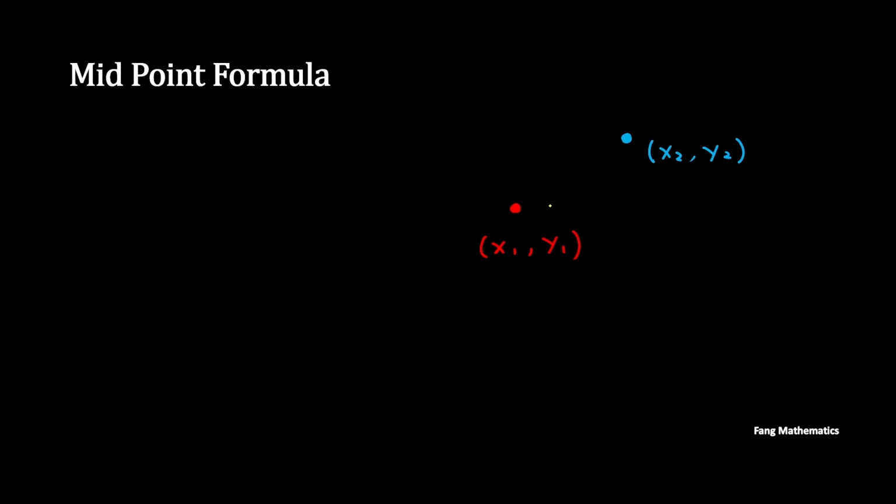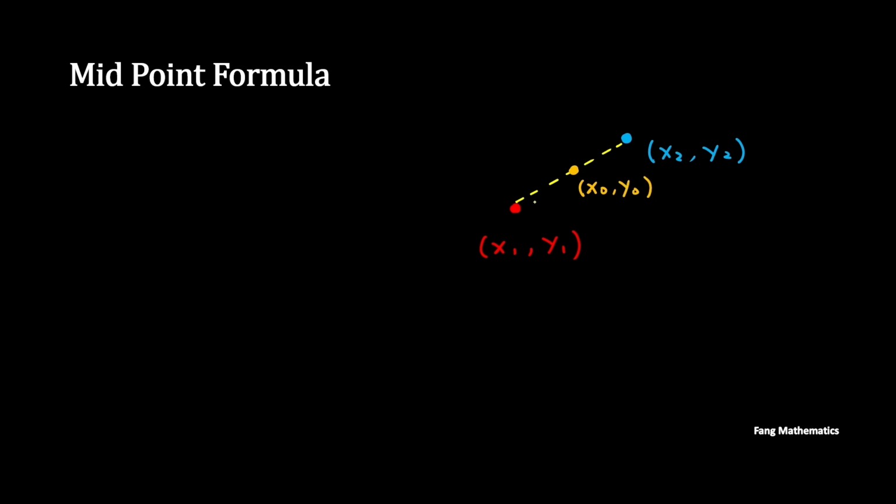So we are to join the two coordinates by the dash line. And suppose we have this point that is our midpoint. So let me just say x naught, y naught.